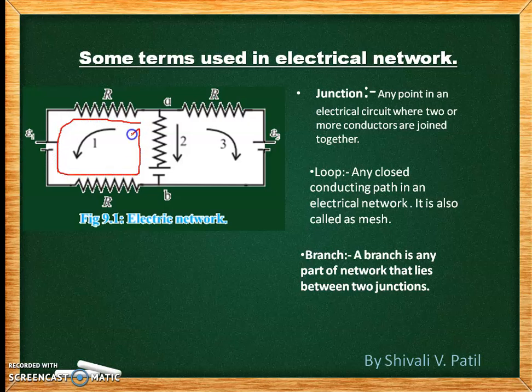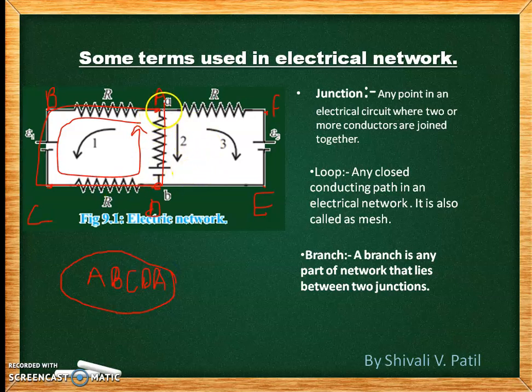One loop is this. If we consider points here A, B, C, D, E and F, then the first independent loop is A to B, B to C, C to D and D to A. That is A, B, C, D again to A. This is one closed loop.